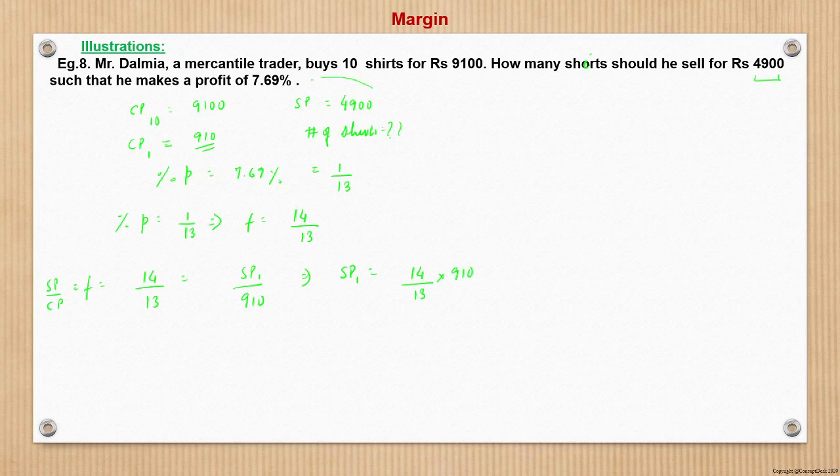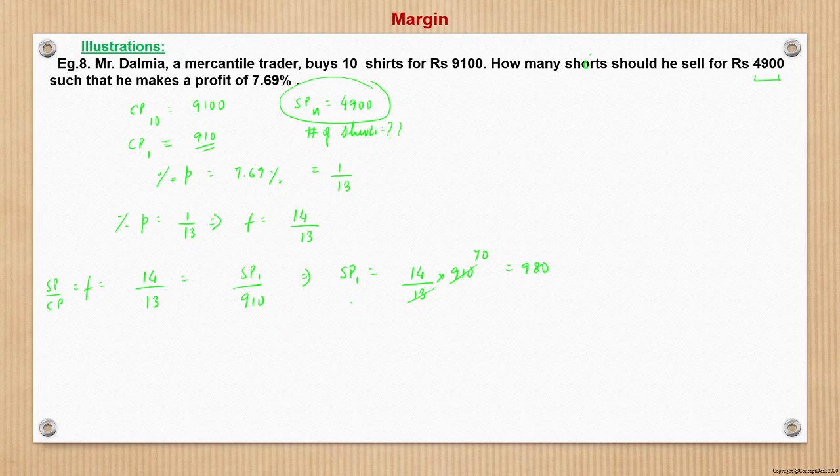We always have to be consistent and preferably deal in unit terms, per unit of one item. So SP of one item is 14 by 13 into 910. So this becomes 980 rupees.